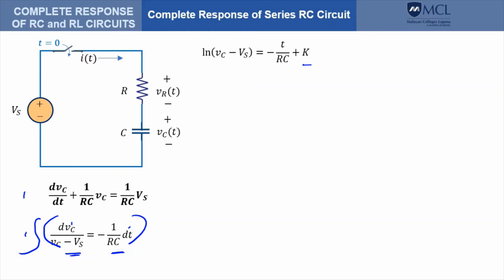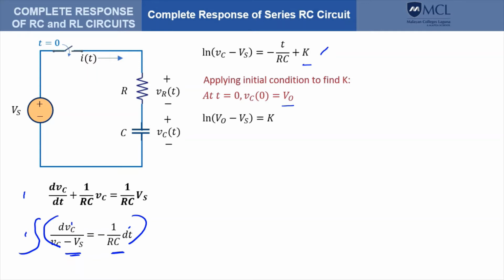So for example, what is the value of v sub c at t equals 0? Let's assume that v sub c at t equals 0 is equal to v sub naught. Applying this initial condition to this equation will give us a value of k equal to this one.